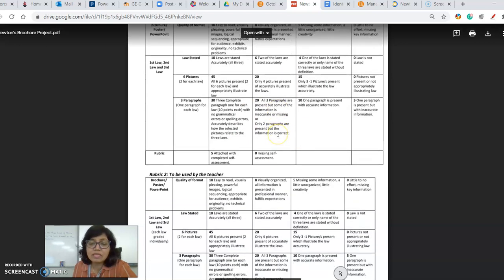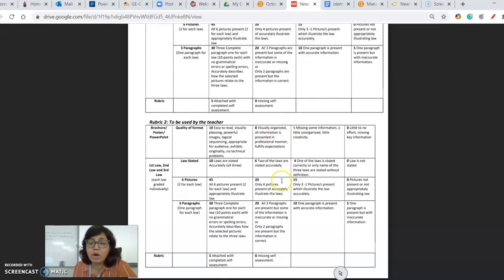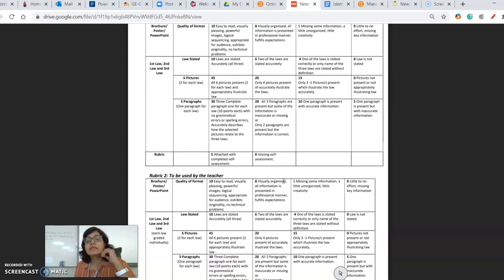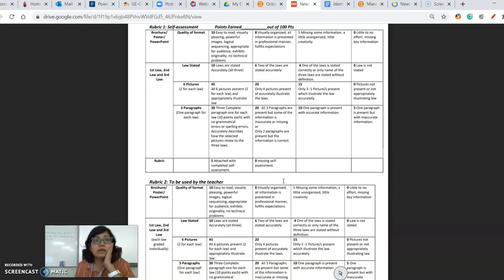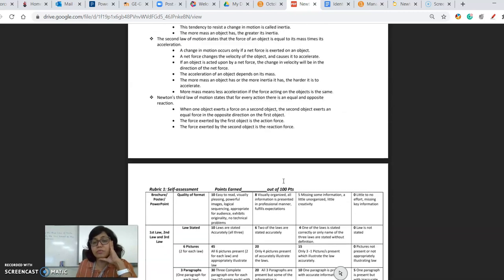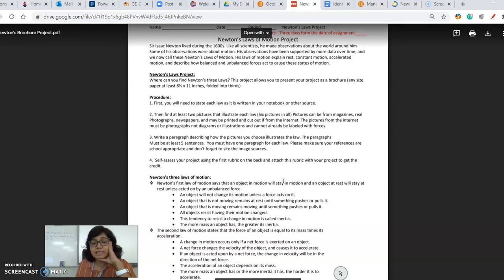Once you're done with these, turn in the pictures in the Dropbox. Face-to-face students can hand in their rubric, but I'll strongly suggest dropping in the pictures also. I mean, the rubric as well as the project, drop in the pictures, because in the past I have received beautiful projects. Most of the time students do put effort, so you can get started right now.